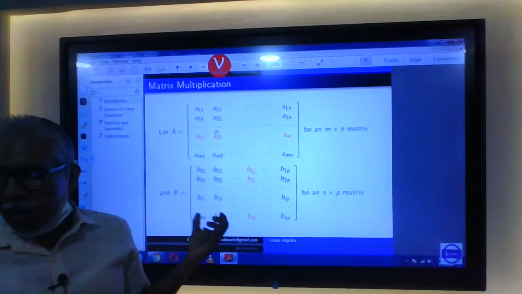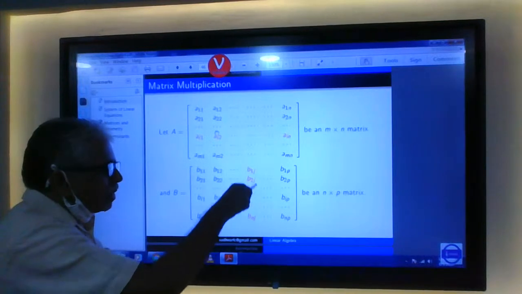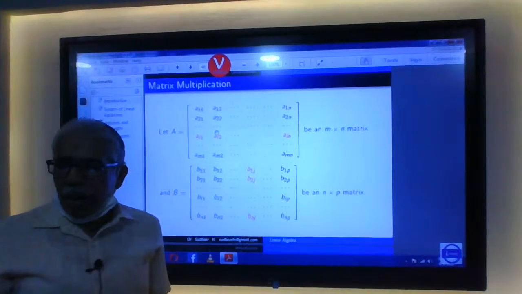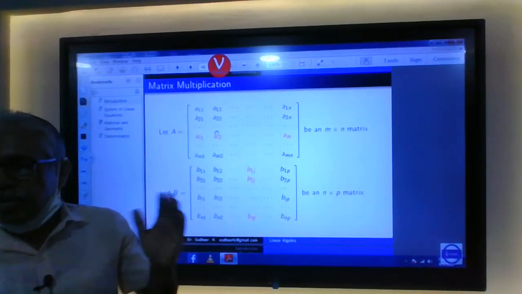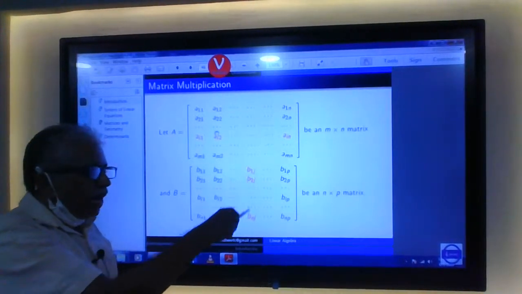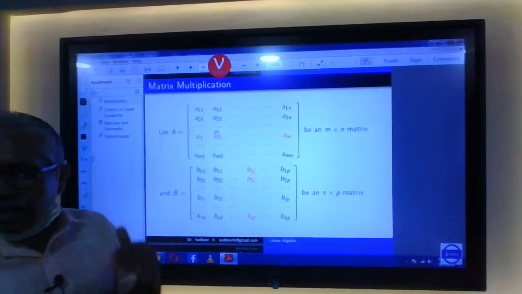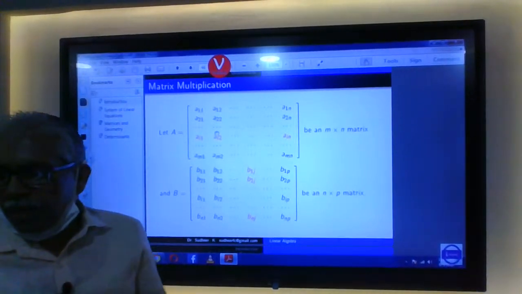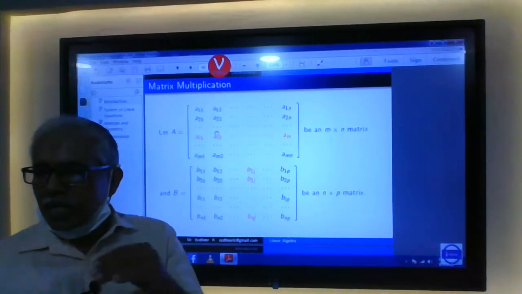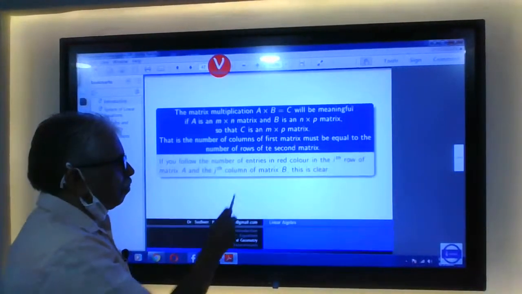If you want that sum to be meaningfully defined, the number of elements in this row and in this column must be equal. The number of elements in a row is the number of columns of the matrix, and the number of elements in a column is the number of rows. That's the reason why, when you find the matrix product, the number of columns of the first matrix should be equal to the number of rows of the second matrix.